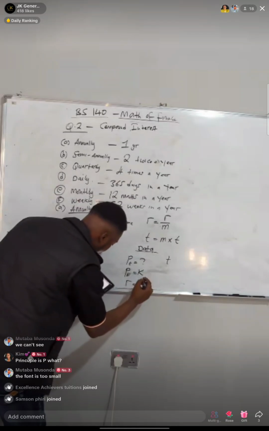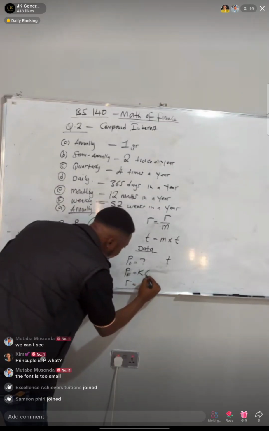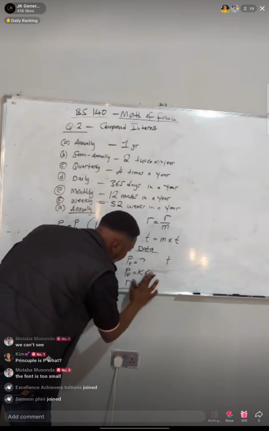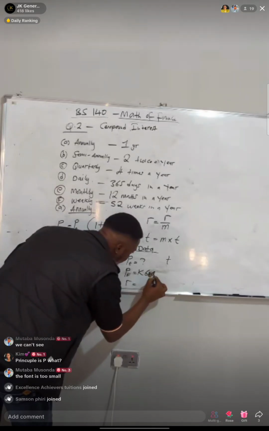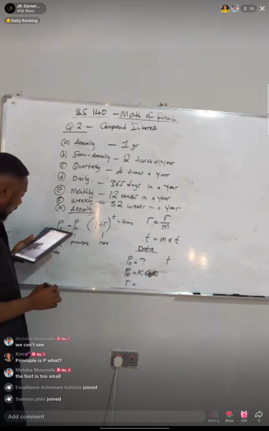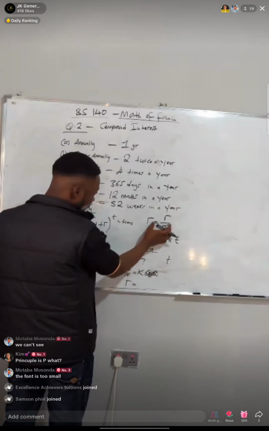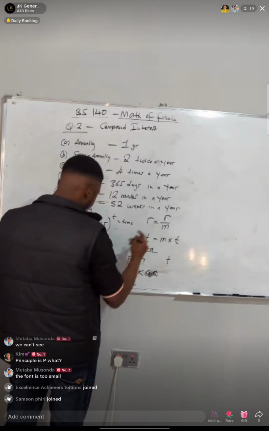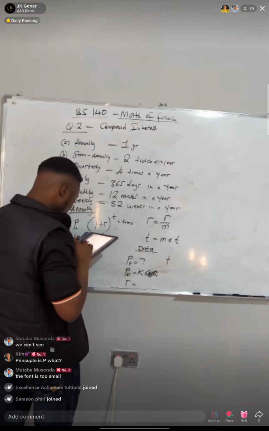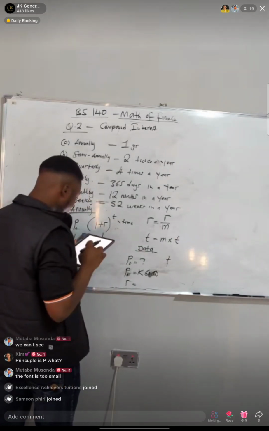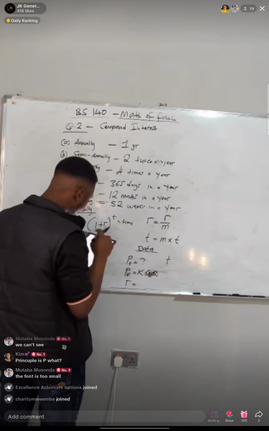Okay, so here, in the question we are told the future amount was 60,000 as our principal amount. The rate, let me just check the question, 6%, if I'm not mistaken.